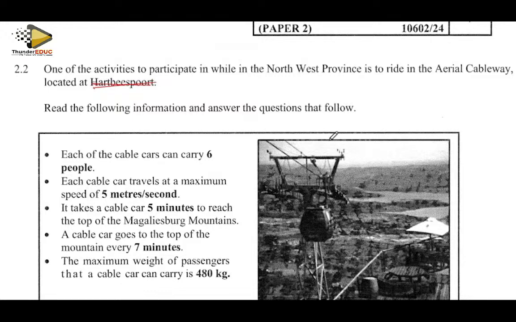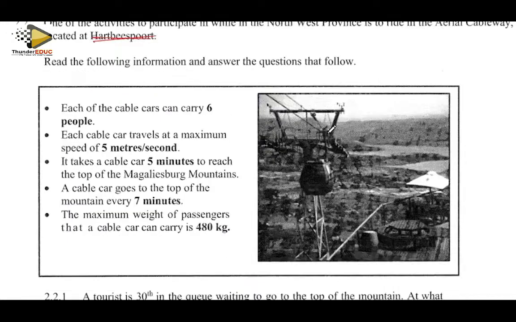Read the following information and answer the questions that follow. Each of the cable cars carries 6 people. Take note, put that in your mind. Each cable car travels at a maximum speed of 5 meters per second. Take note of that. These are not kilometers per hour, but 5 meters per second.